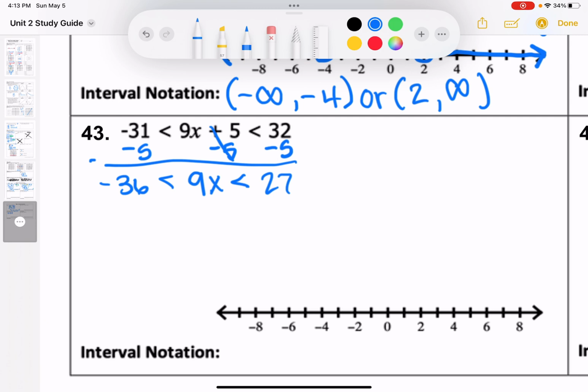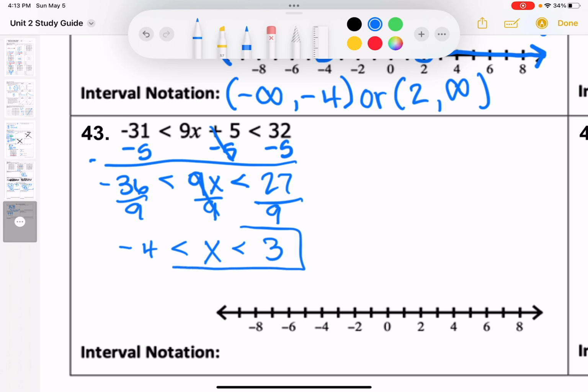Now I have to get x by itself, so I'm going to divide all sides by 9. So -36 divided by 9 is -4, and 27 divided by 9 is 3. So now this is our inequality that we are going to graph. -4 has a less than sign, so that's an open circle. 3 has a less than sign, so that is also an open circle.